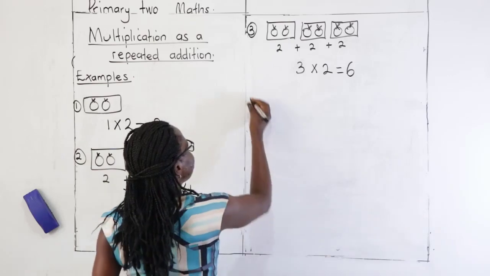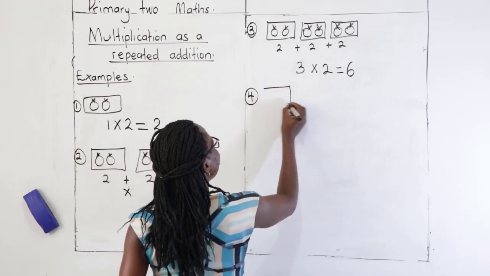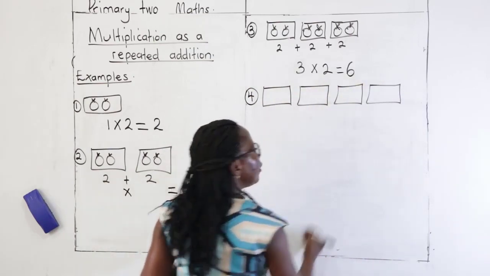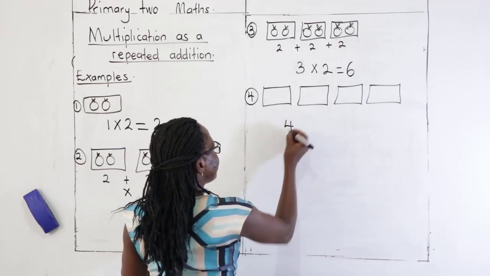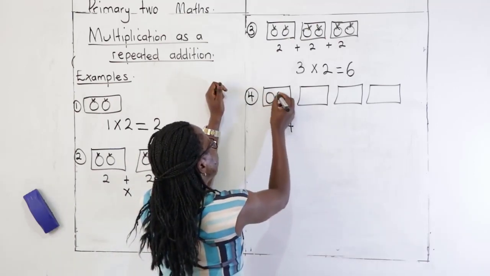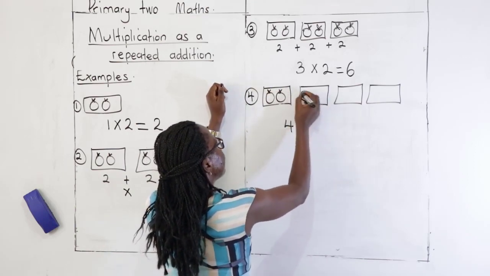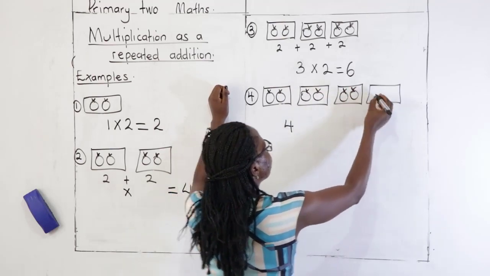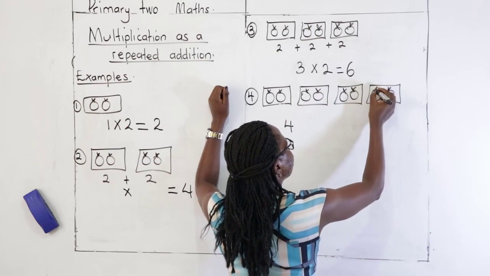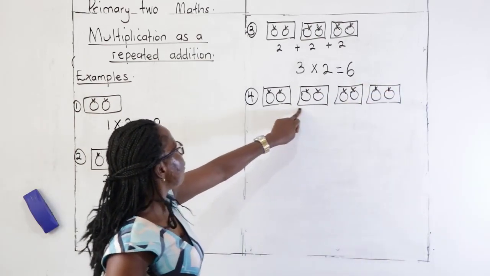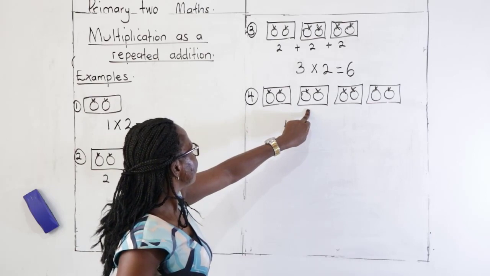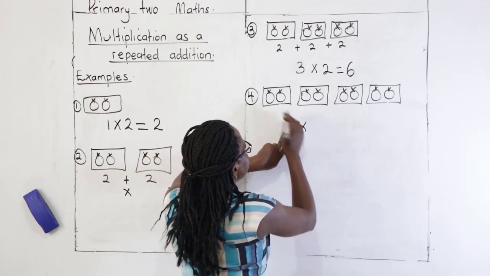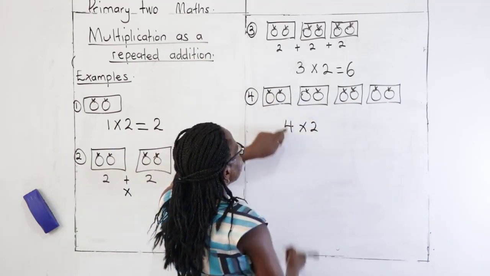Let's look at the fourth example. I have the groups here. How many groups are there? There are 4 groups, and in each group still, there are 2 apples. If I have 4 groups, that means it is going to be 4 times the 2 apples that are in each.